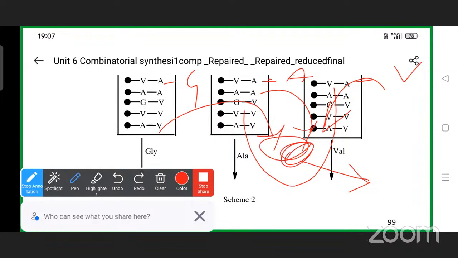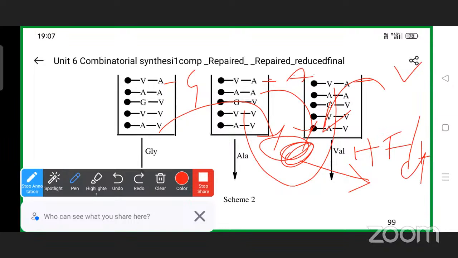Then what you do? Simply you wash with mineral acids, dilute HCl or hydrogen fluoride, or fluoroacetic acid. All these are washing reagents.